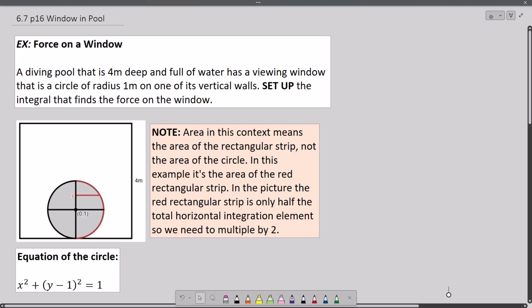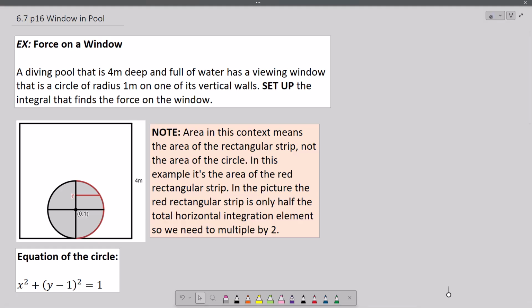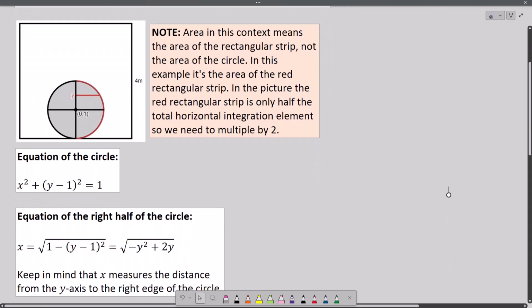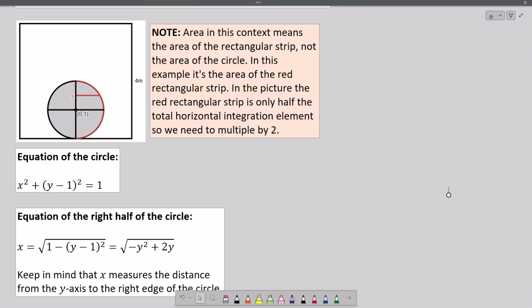So here we've got a pool. We've got a circular window in the pool. The pool is 4 meters deep, and I'm asking you just to do the setup here. Same context as before. We're going to look at a representative horizontal strip. Pressure is constant on a horizontal strip, and we're going to need the full width of that horizontal strip.